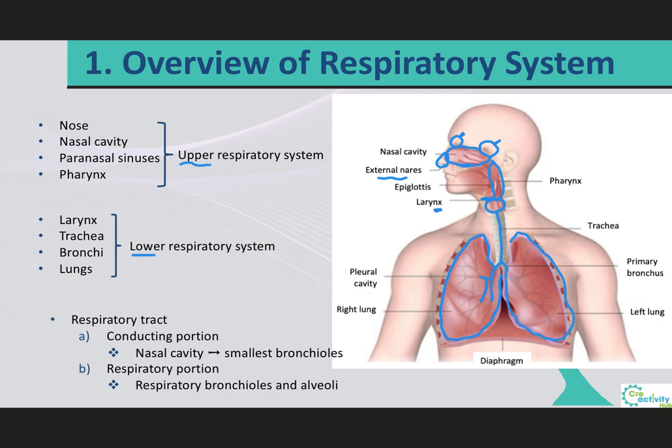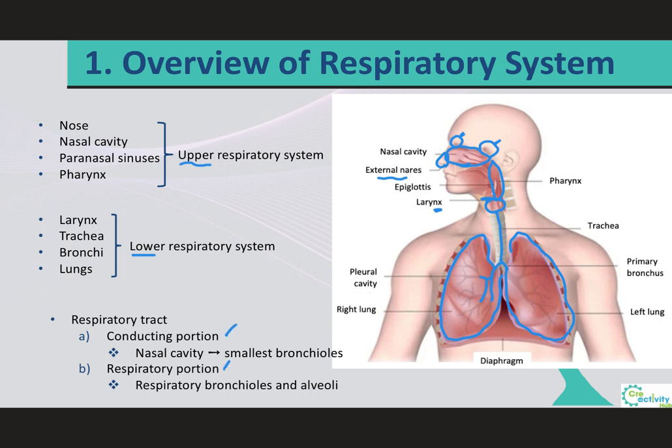Now the respiratory tract will consist of the airways that carry the air to and from the gas exchange surfaces. So the respiratory tract can be divided into two portions, what we call a conducting portion and a respiratory portion.